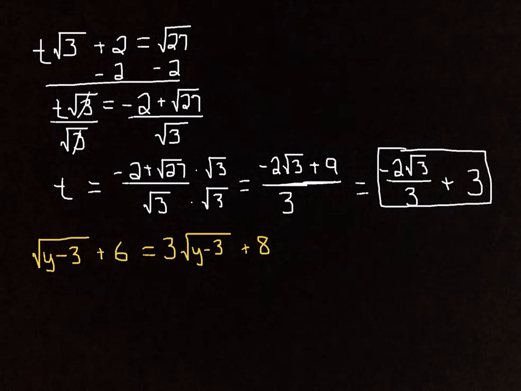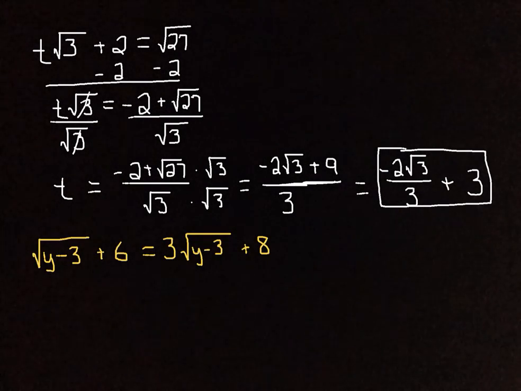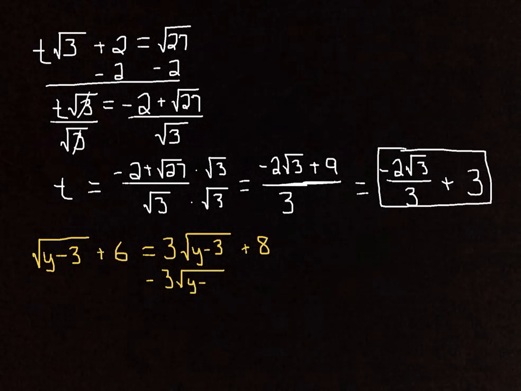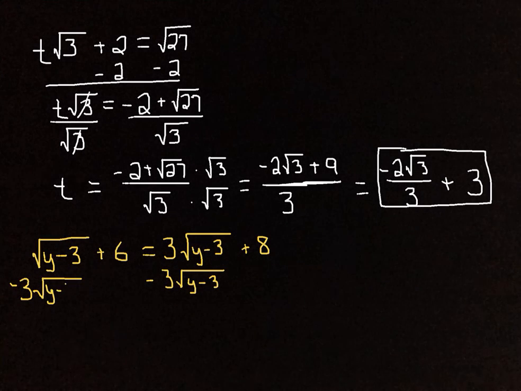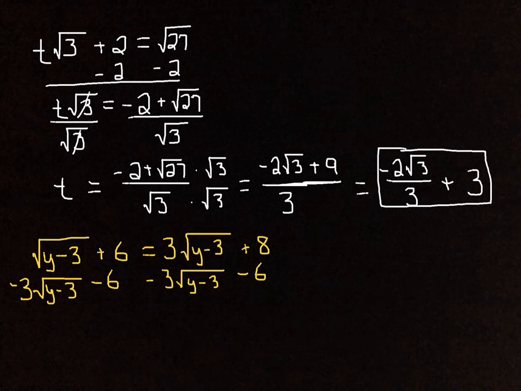In this particular radical equation, we have the square root of y minus 3 plus 6 is equal to 3 square root of y minus 3 plus 8. Let's get the square root of y minus 3 terms on both sides. So I'm going to subtract this from both sides. And at the same time, I'm going to go ahead and subtract this 6 to take it to the right side.